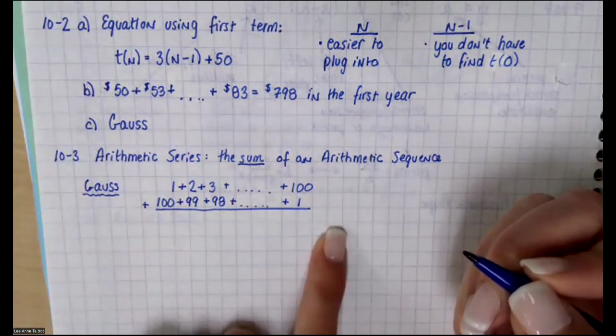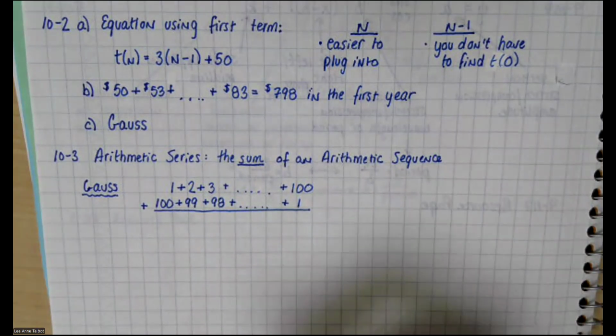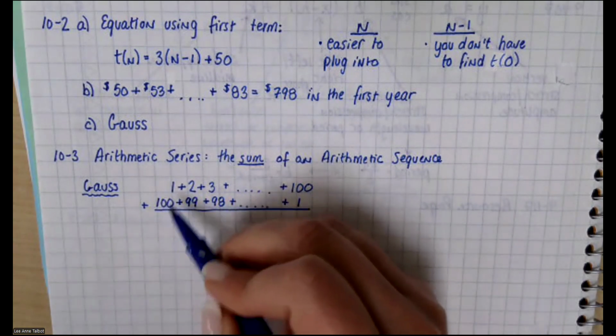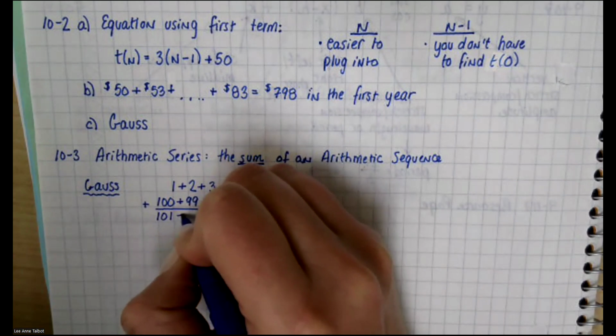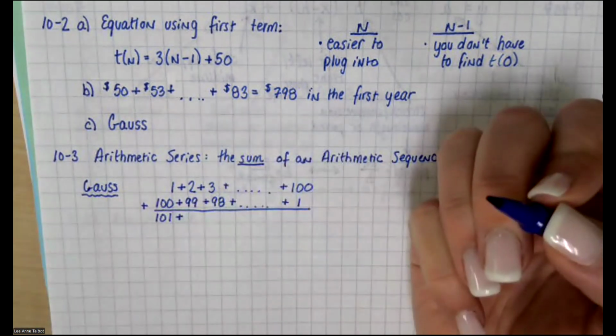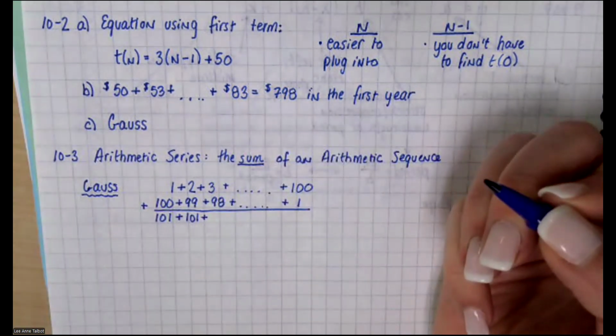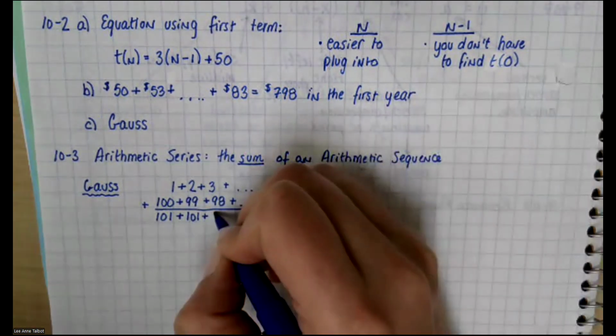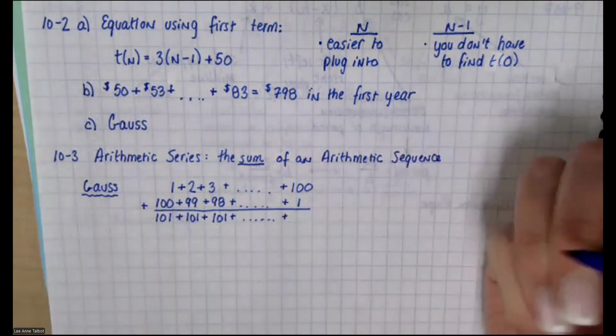Then add all of these columns together. What would be the total of the first column? 100 and what? And what would be the total of the second column? And the third column? And the last column?